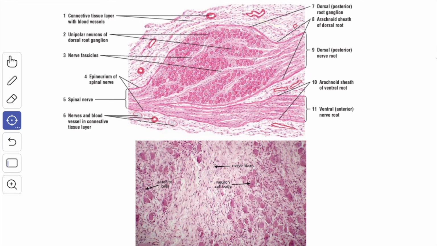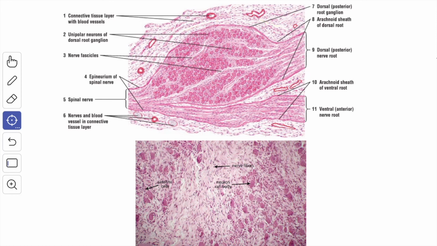Now we'll see the differences between the histology of the sensory ganglion and the autonomic ganglion. The sensory ganglion contains large pseudo-unipolar neurons arranged in groups, separated by bundles of myelinated nerve fibers. The neurons have a vesicular nucleus with a prominent nucleolus, and are surrounded by a ring of satellite cells.